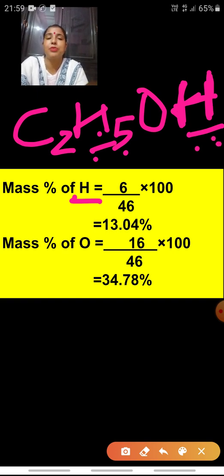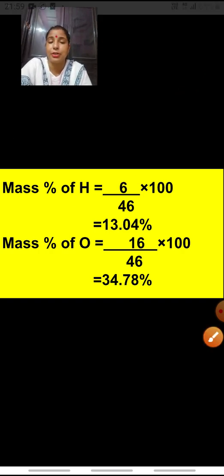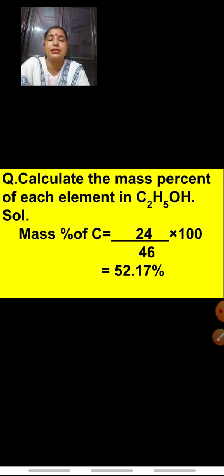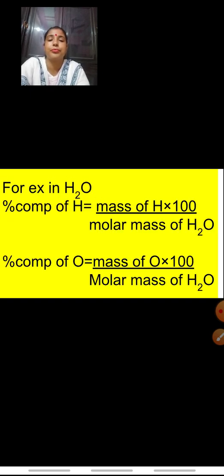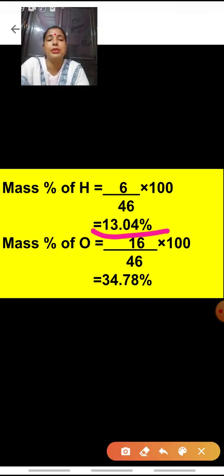So 5 plus 1 is 6. Six atoms of hydrogen are there. So the mass of hydrogen in the given compound will be 6 divided by 46, the molecular mass of ethanol, multiplied by 100, which again gives the answer, 13.04%.